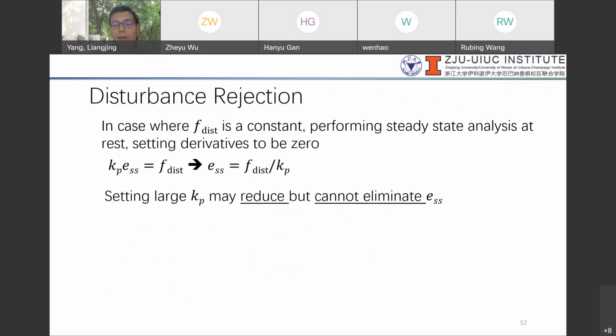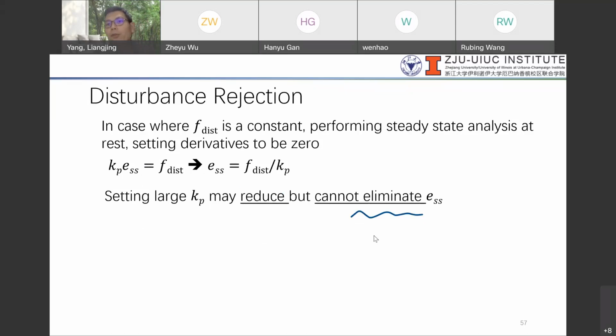So unless we have infinite Kp, we cannot have zero steady state error, which is not possible. We can reduce this steady state error by setting a very, very large Kp, but we can't really eliminate it.